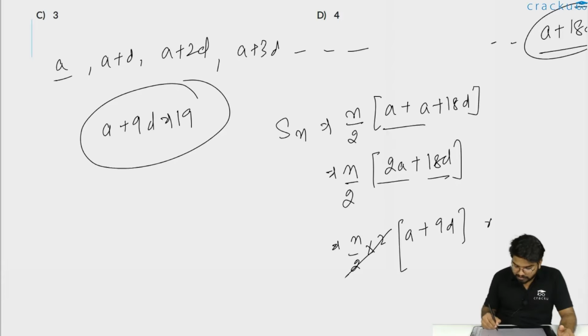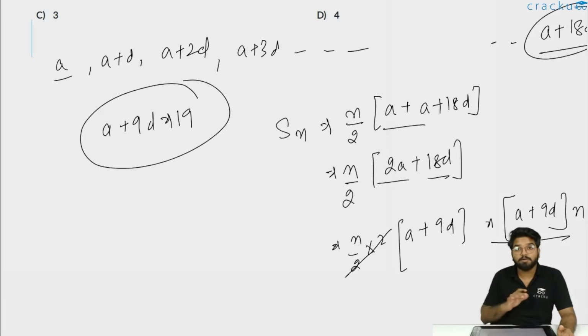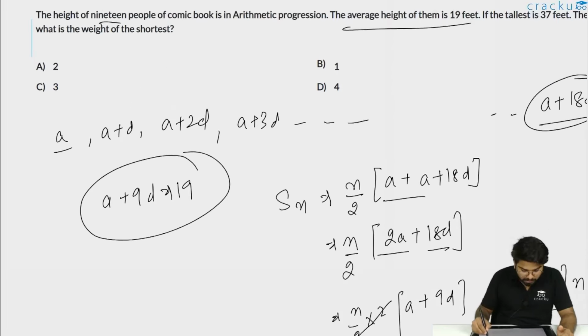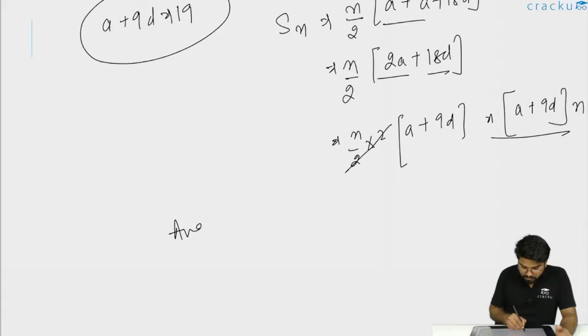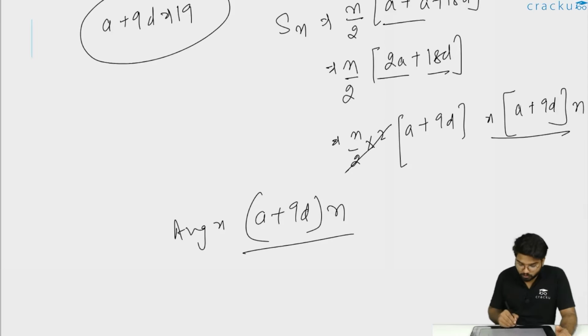This will cancel out, so we have A plus 9D into n. Now this is the sum of the heights of all the 19 people. We need to find the average. So average is the sum of the heights, that is A plus 9D into n, divided by the number of people. We know that n is equal to 19.